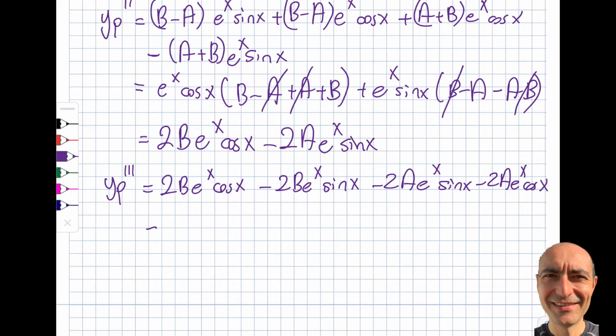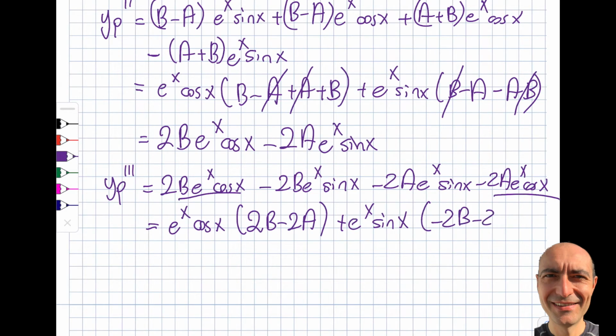So if I combine them, it will be e to the x cosine of x times 2b minus 2a, right? Plus e to the x sine of x, and you can see both terms are negative, minus 2b minus 2a. So that's kind of it, right?